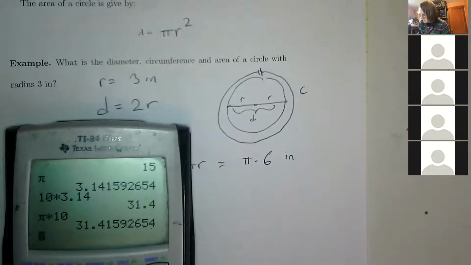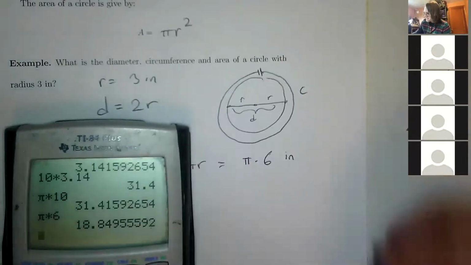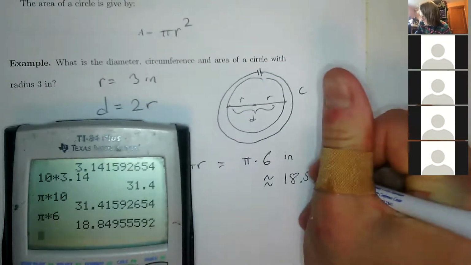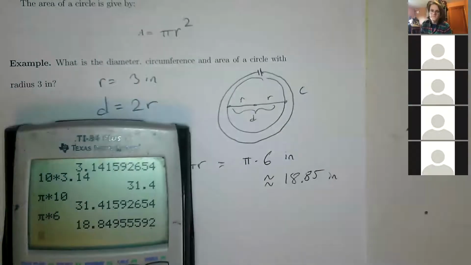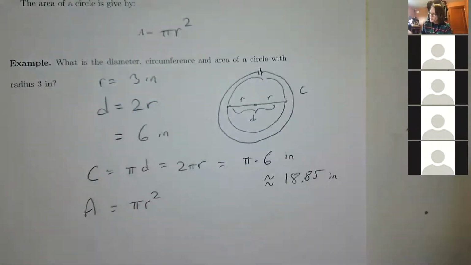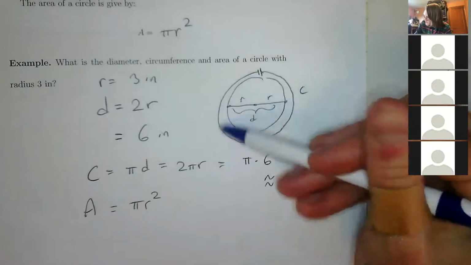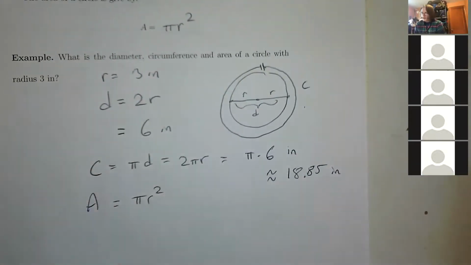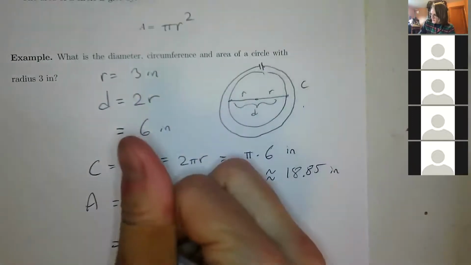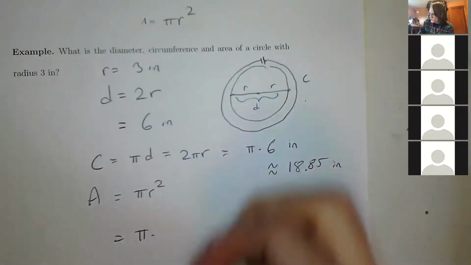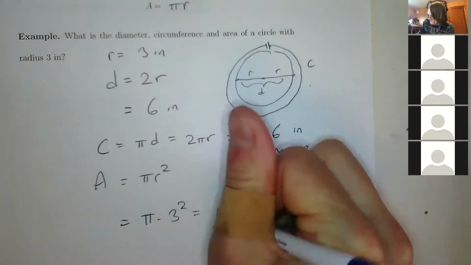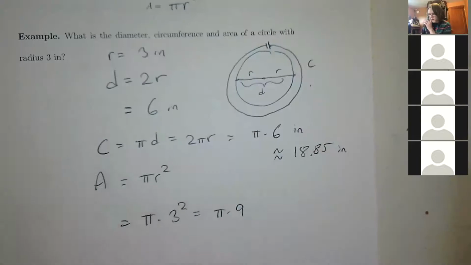Where is it? Never going to get it. Here it is. Times 6. So it's, I don't know, 18.85 inches. What that means is that the length around this circle is approximately 18.85 inches. And the last one, the area: pi, the radius was 3, so 3 squared. 3 squared is 9, so that's just pi times 9, and this is inches squared.